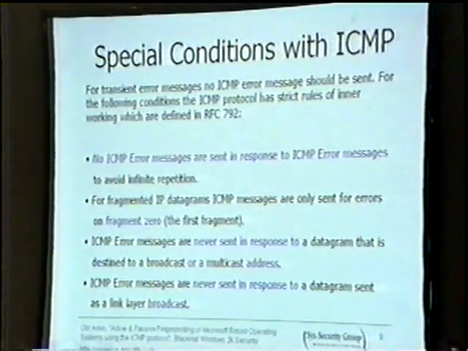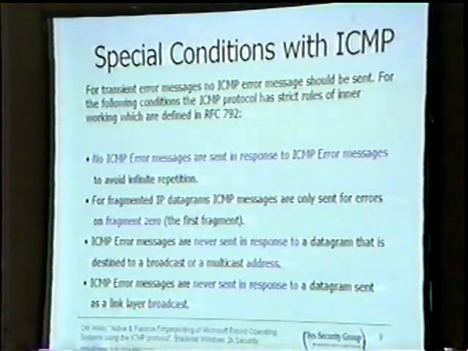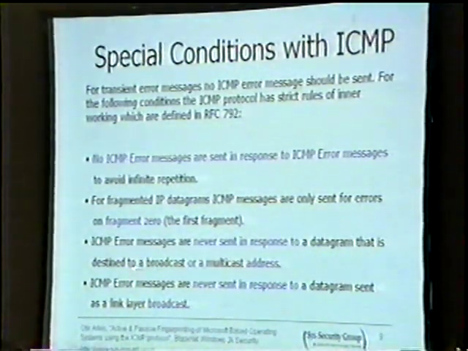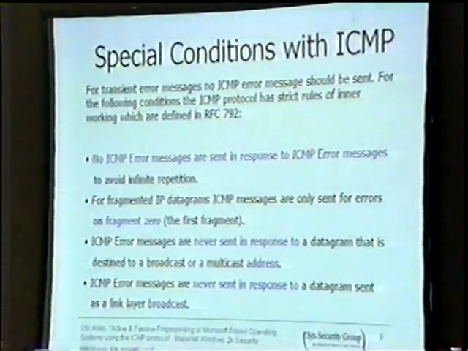If we have fragmented IP datagrams, then ICMP error messages will always be sent for fragment 0, which is the first fragment. We will not send ICMP error messages for datagrams that are destined to a broadcast or a multicast address, or in response to a datagram sent as a link layer broadcast.